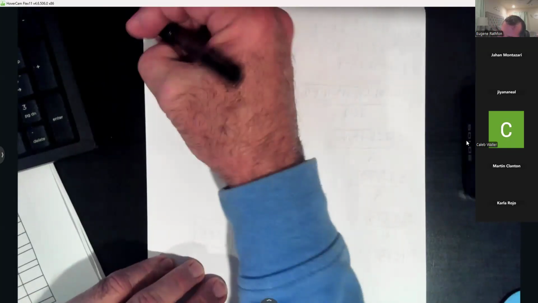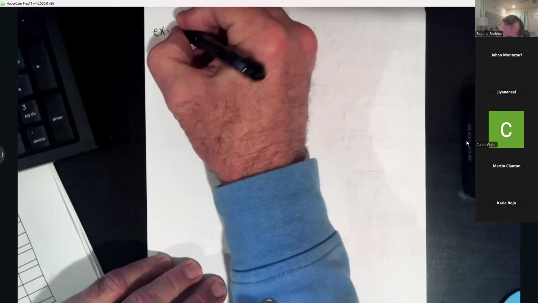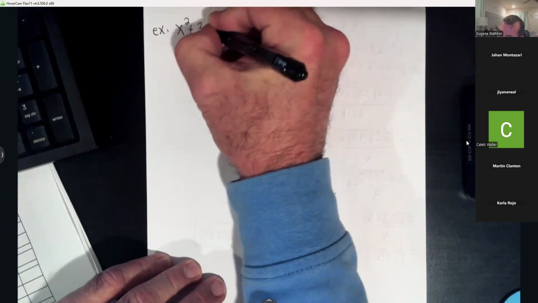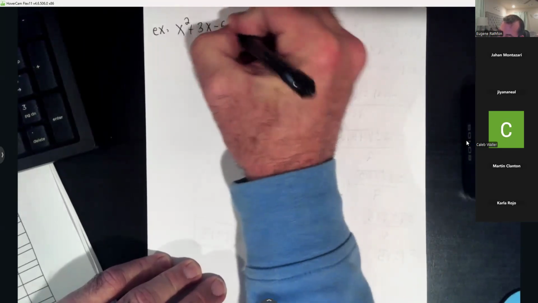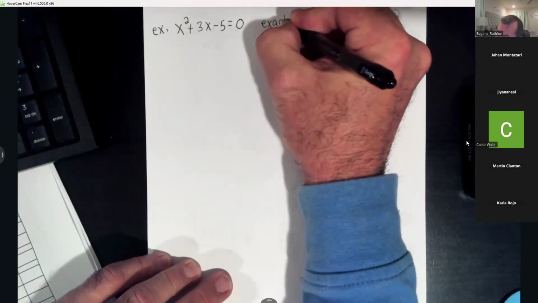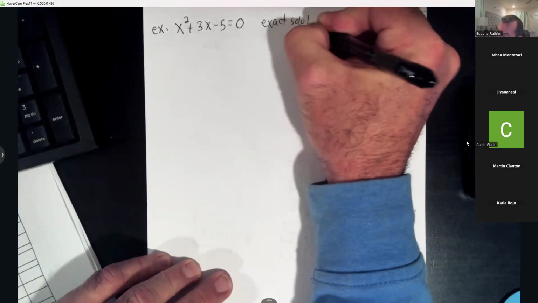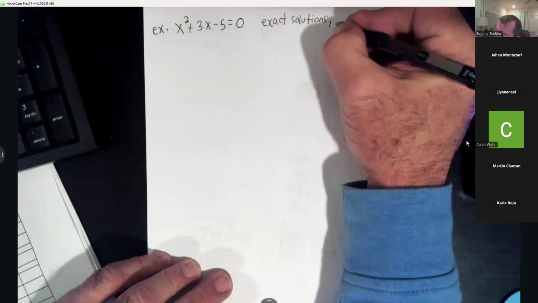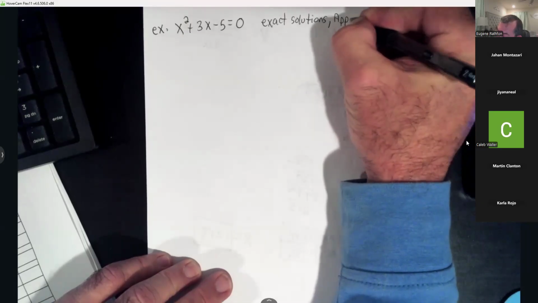All right. This next example, x squared plus 3x minus 5 equals 0. They want exact solutions and they want approximate solutions.